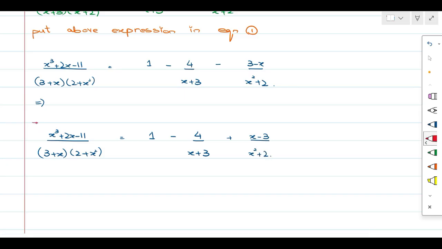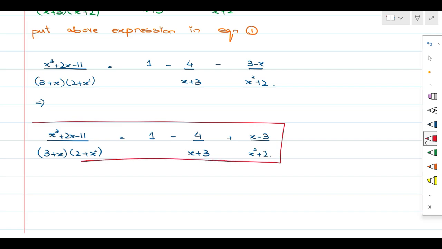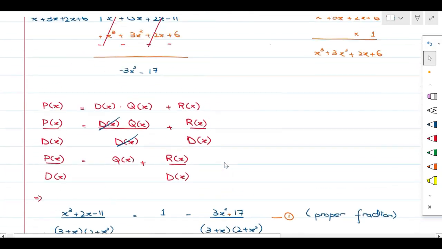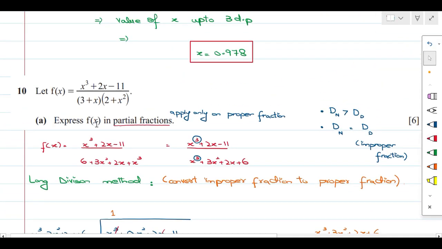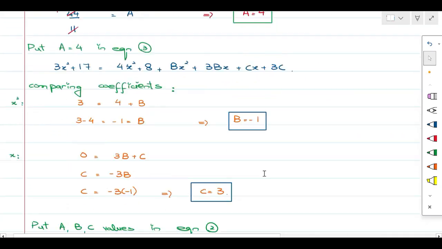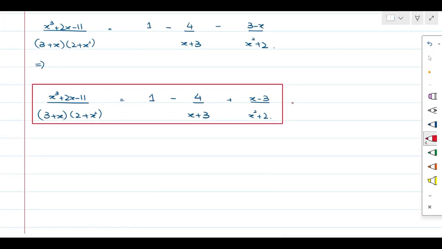Now this is how we have to write this expression in partial fraction. So we have to express f of x in partial fraction. This is your function f of x, and this f of x can be expressed in this form.